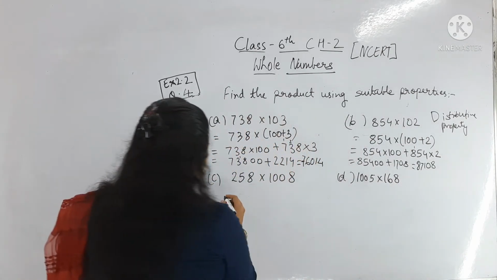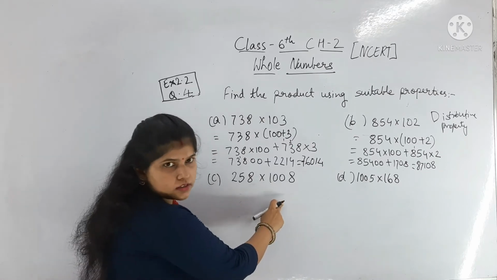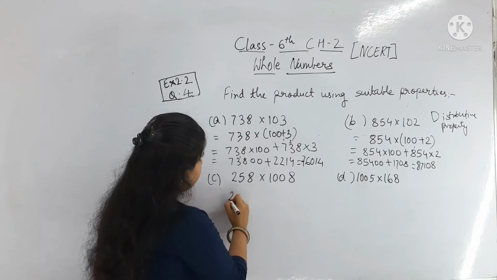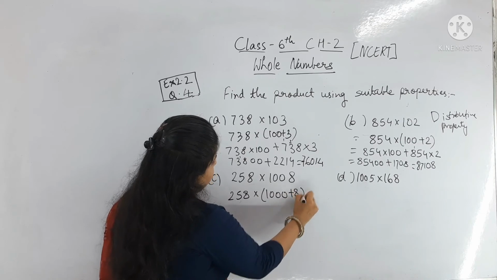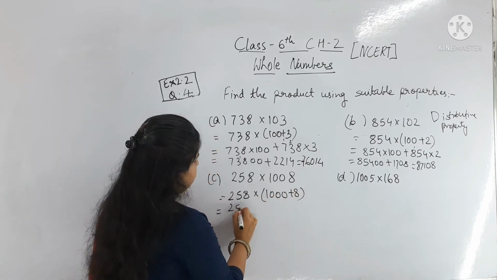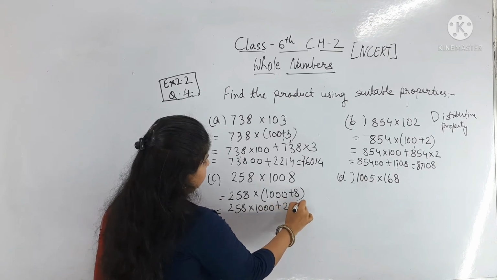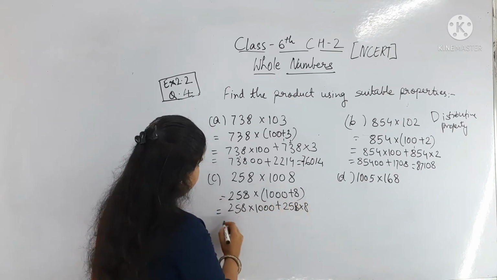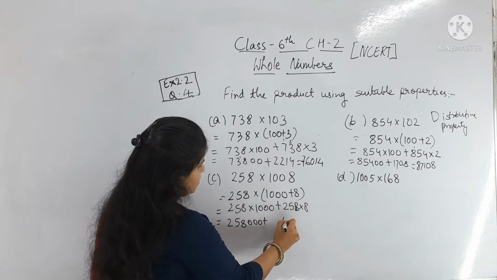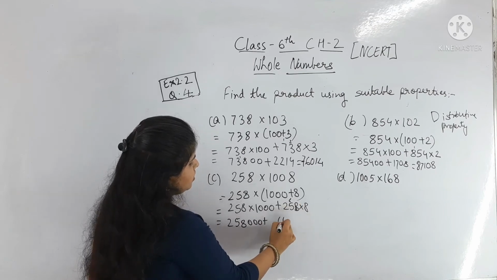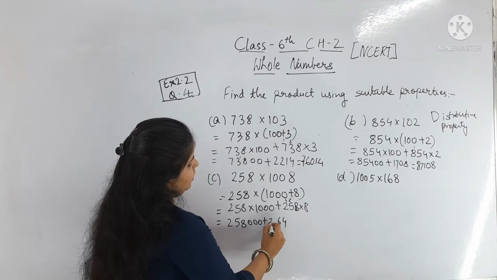Now come to the C part. Here 258 into 1008. So you can see that 100 parts is here. So you can write 1000 plus 8. So this will be 258 into 1000 plus 258 into 8. 258,000 plus 8 8s are 64, 8 5s are 40 plus 6 is 46, 8 2s are 16, 16 plus 4 is 20.